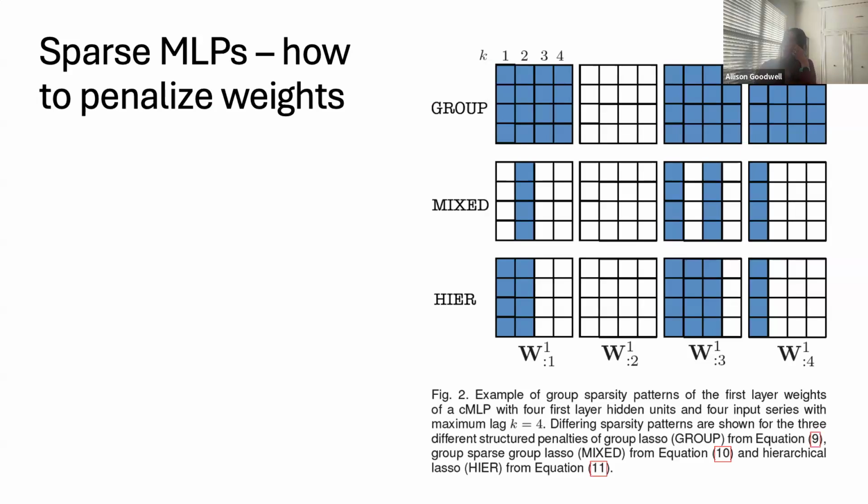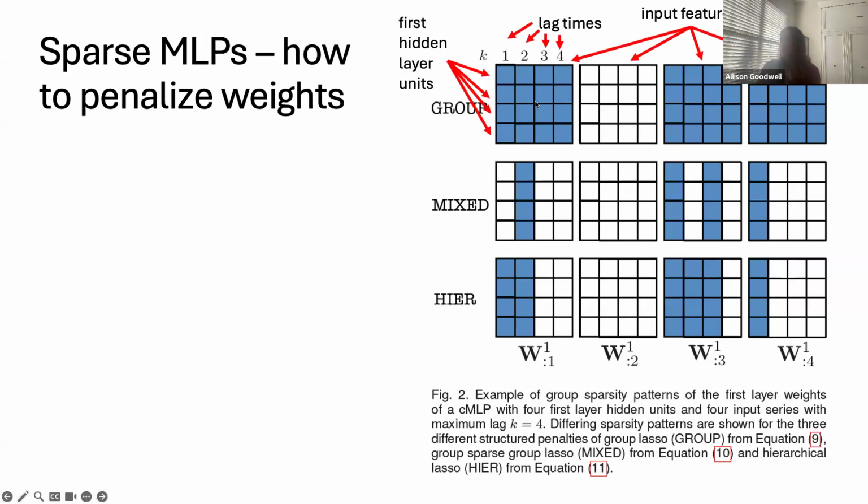And there's a lot of different ways to penalize these weights, it turns out. So this is their illustration of three different ways that you could do this. And I hate that in this illustration they used 4 for everything. It's like every dimension is 4. So it's a little bit hard to decide what a row and a column meant. But I think we figured it out. Basically, this K, these are lag times.